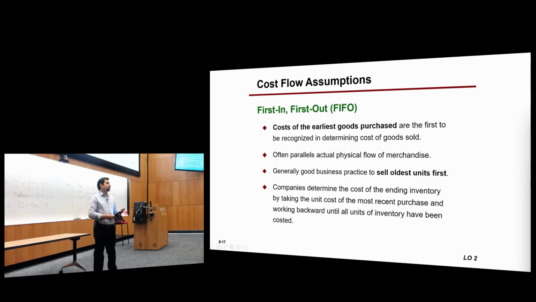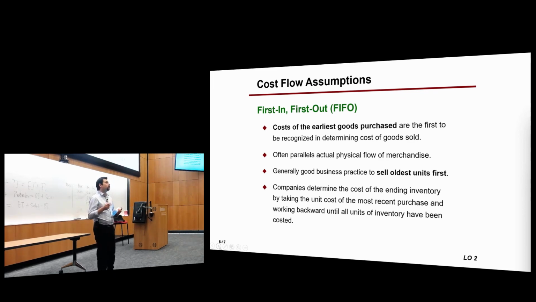In FIFO, like we said, this is where the company would sell the first items that they receive. So the first items to enter the warehouse are the first items to leave the warehouse. And most companies actually have this in real life. It is the best after specific identification. Remember, specific identification is the most accurate one, but it's costly, so sometimes companies don't use it.